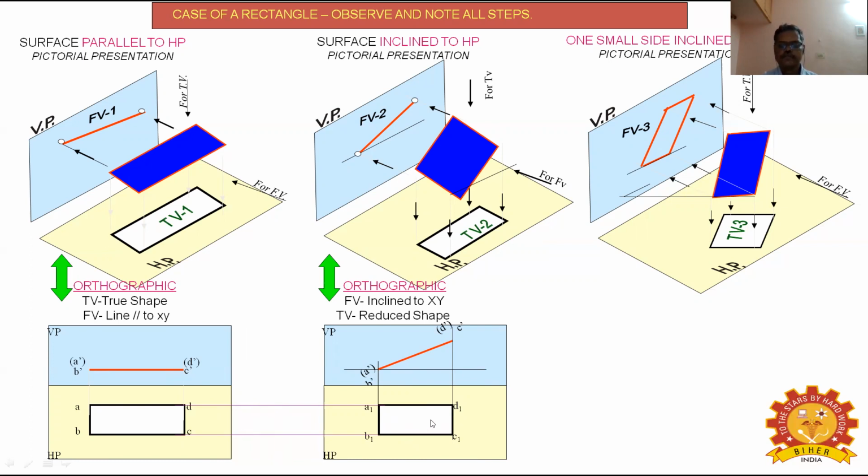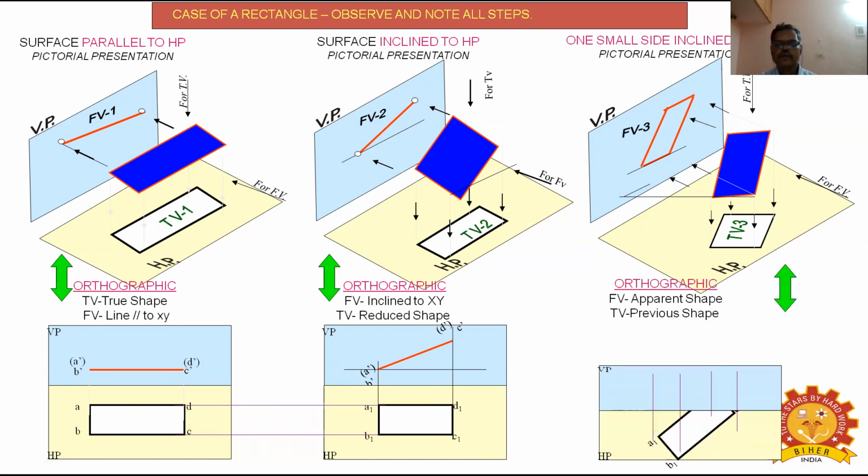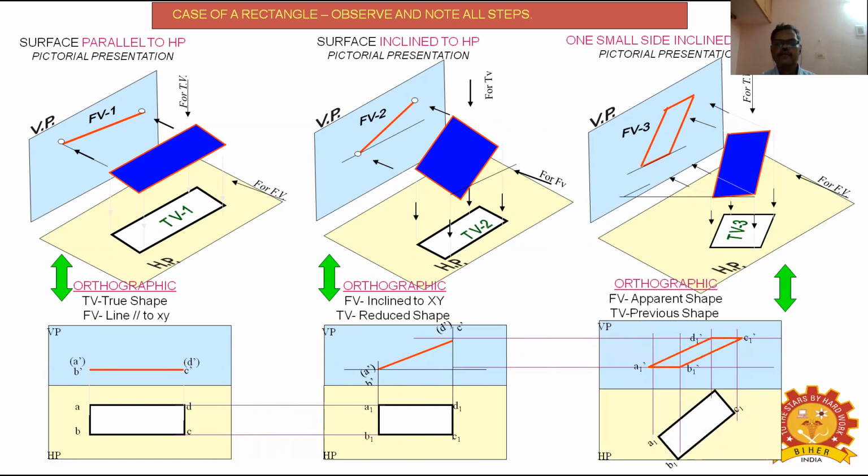The size of the rectangle is reduced. In the third one, the rectangle is a true shape in the top view. For the front view, we have a reduced rectangle.